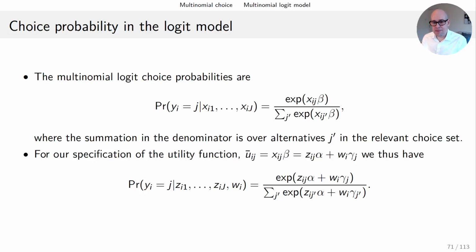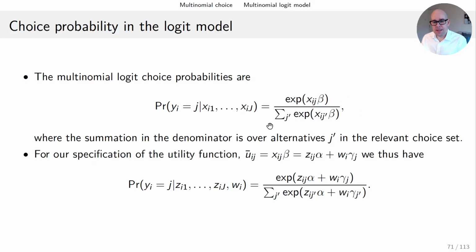Now, I say binary logit model, so this should ring a bell. Indeed, the assumption that we have to make on the distribution of the epsilon ij's is that they're type 1 extreme value. When the epsilon ij's are type 1 extreme value, we get this very simple expression for the choice probability for alternative j.